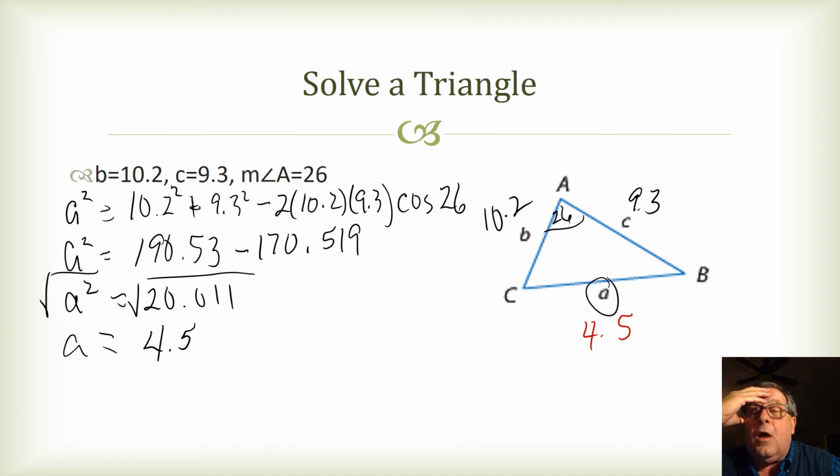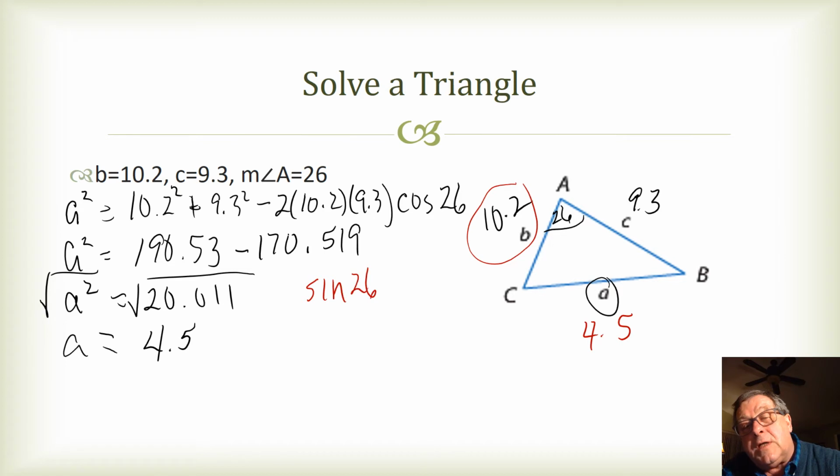Now, I've used the law of cosines to start with, but now I'm in a position I really could use the law of sines. And I always want to use, when I'm going to the law of sines after cosines, the longest side first. Well, I can now say that the sine of 26 over 4.5 is equal to the sine of B over 10.2.